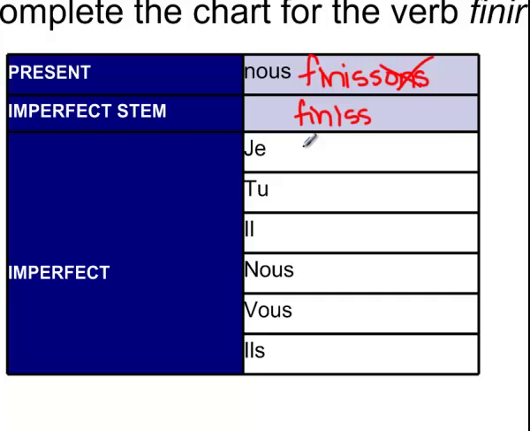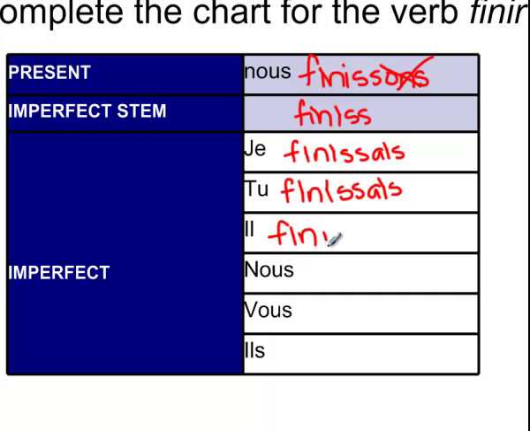Then you add on the imperfect endings. To say I was finishing, je finissais. To say you were finishing, tu finissais. To say he was finishing, il finissait.